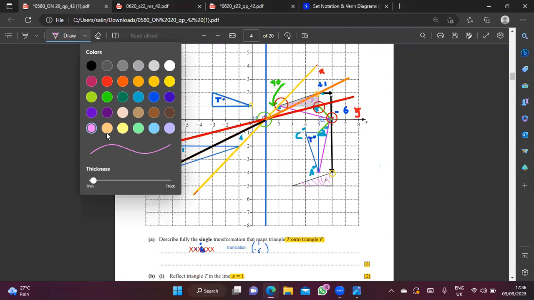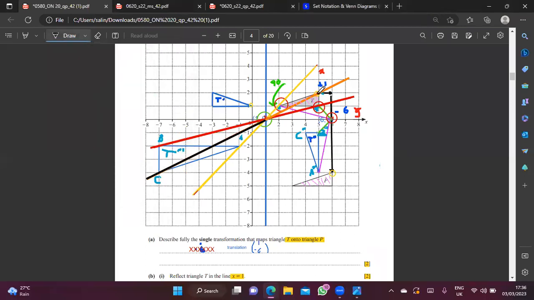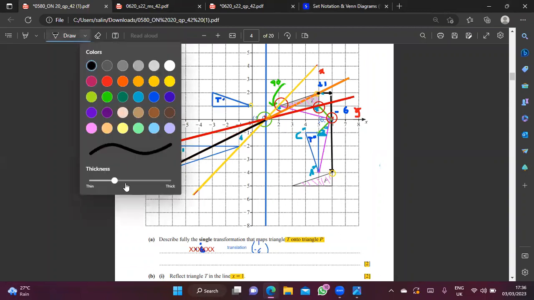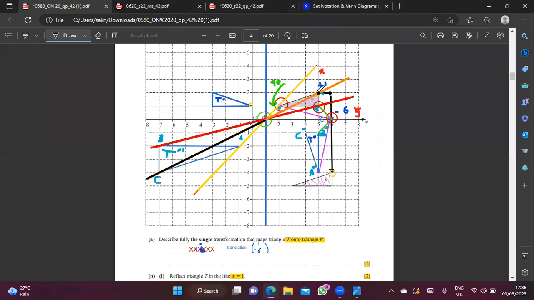So I'm going to label the point here, maybe with black color, a bit thickness. So any point on T. So this is the point. Okay. This is the point. There you go. Any point on your T, any point.